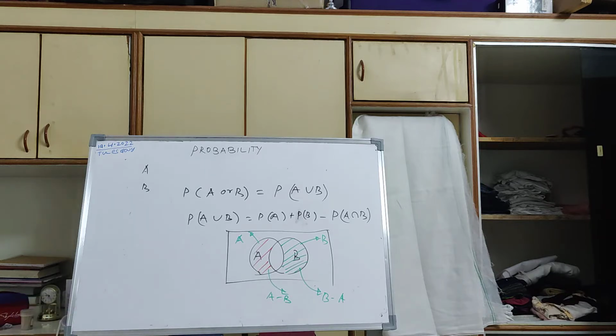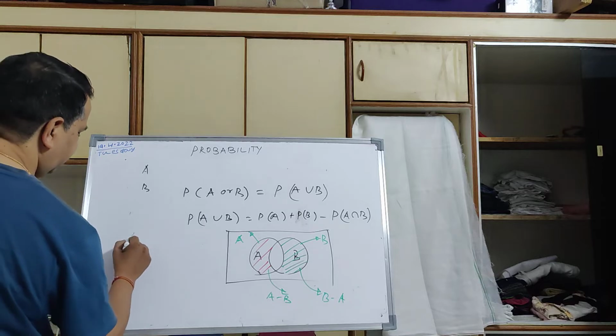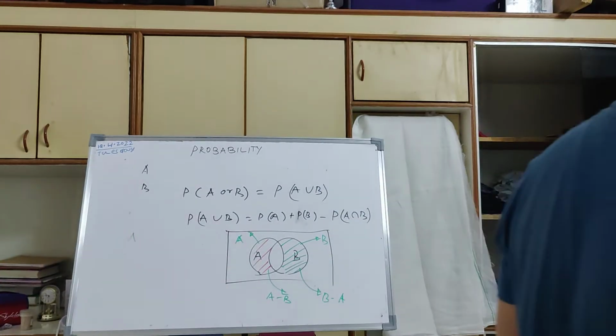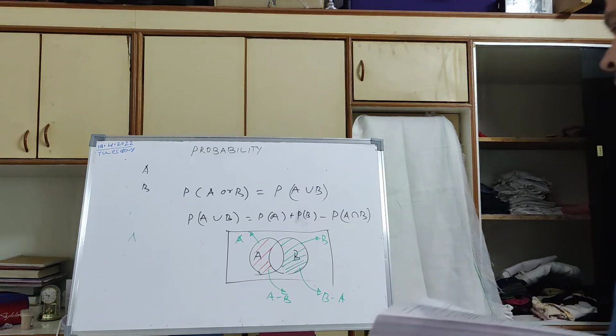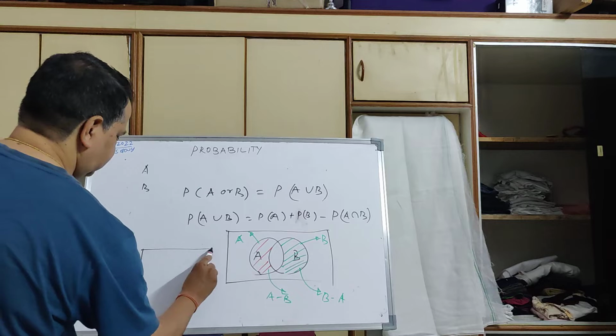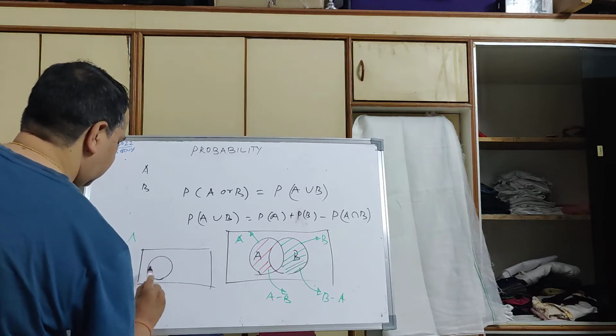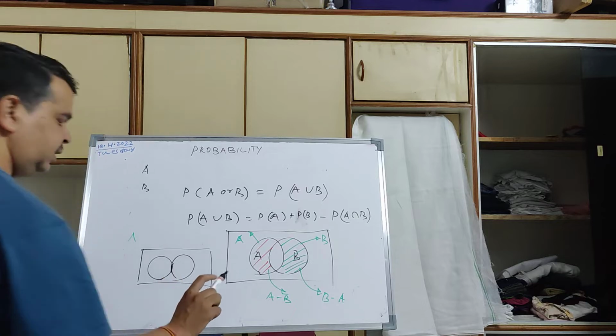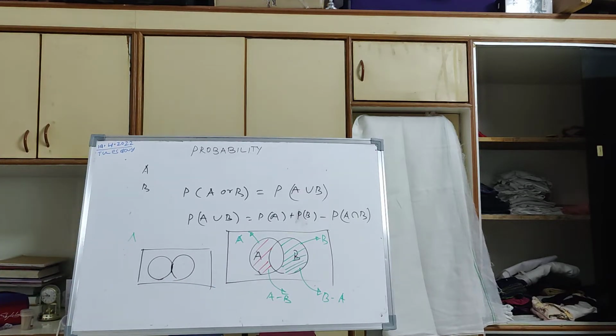If A and B are disjoint sets, meaning there is nothing common between A and B, what will happen? Suppose this is A and this is B, and there is nothing common. The intersection is empty.